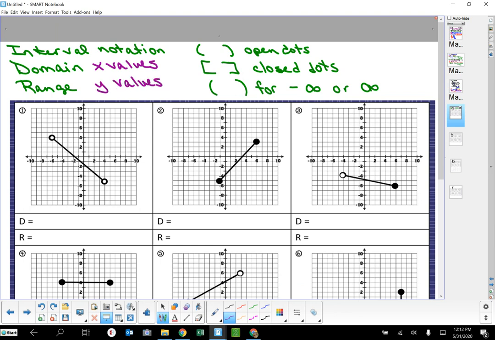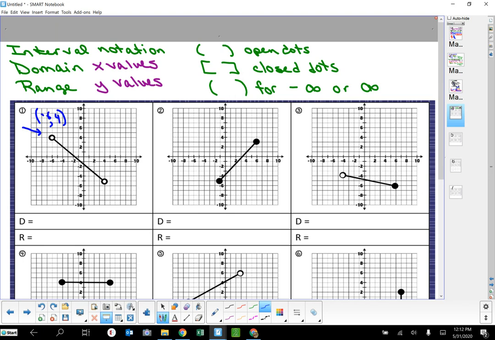And so I think the easiest way to do these is to label ordered pairs on the graph. Here's what I mean by that. This point right here is an open dot, so it's going to get parentheses. I know it would anyway because it's an ordered pair, but think outside the box just a little bit. And this ordered pair would be -6 for the x value and 4.